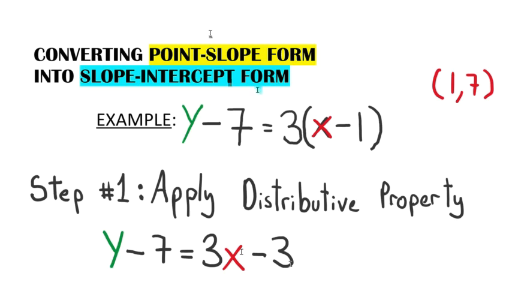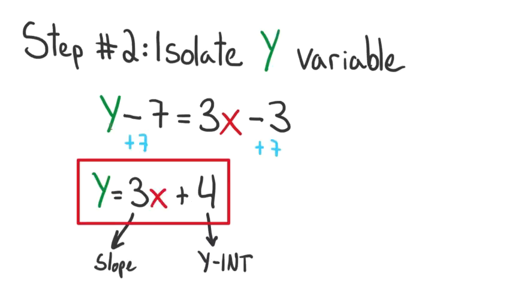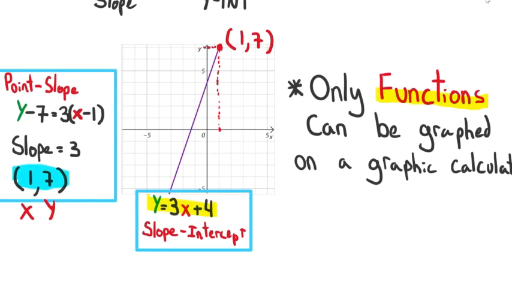The application of the distributive property now leads us into the need to isolate our y variable. If we add 7 to both sides of the equation to isolate our y variable, we end up with y equals 3x plus 4. 3 is our slope and 4 is our y-intercept.